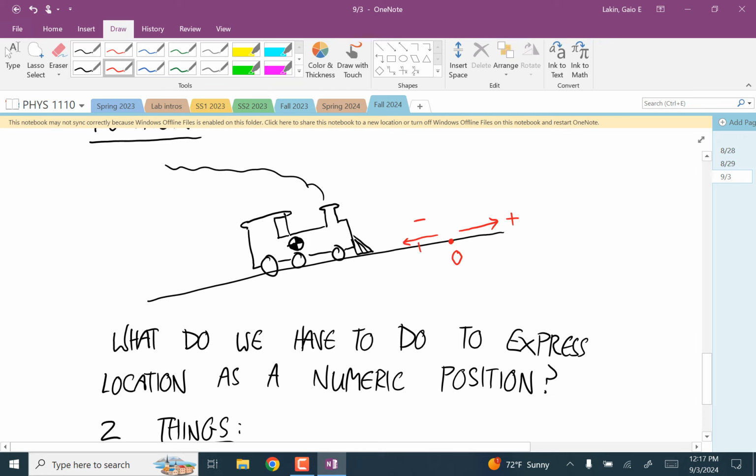So let's say this is 1 meter, 2, 3, 4, 5. So this train is 4.5 meters in the negative direction from zero. Okay. And that means that the position is negative 4.5 meters.